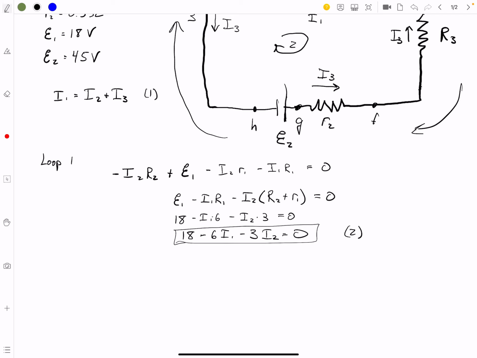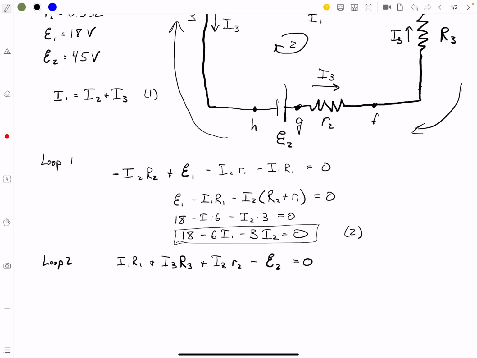We're going to do the same thing for loop 2. I'm not going to mess around a whole bunch. You guys should do it as well, but you should find that you have I1 R1 plus I3 R3 plus I3 little r2 minus epsilon 2, and that equals 0.